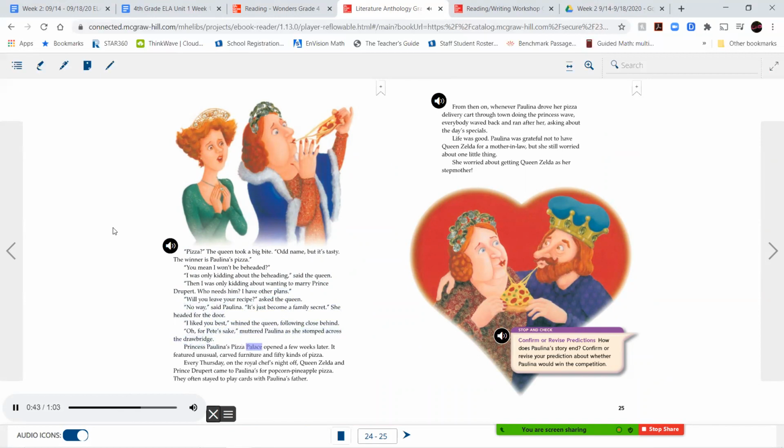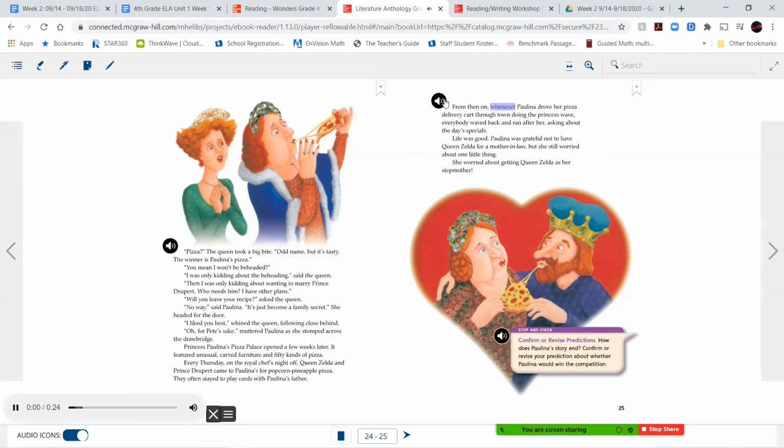Princess Paulina's Pizza Palace opened a few weeks later. It featured unusual carved furniture and 50 kinds of pizza. Every Thursday on the royal chef's night off, Queen Zelda and Prince Drupert came to Paulina's for popcorn pineapple pizza. They often stayed to play cards with Paulina's father.